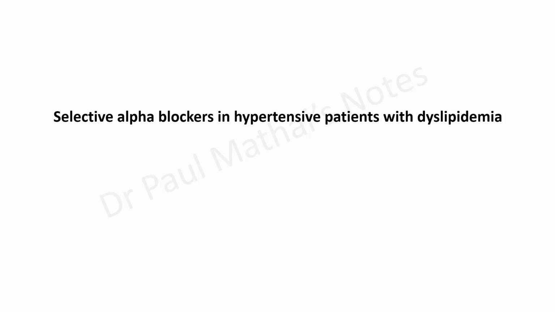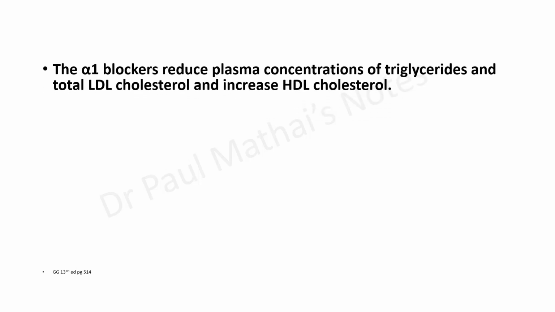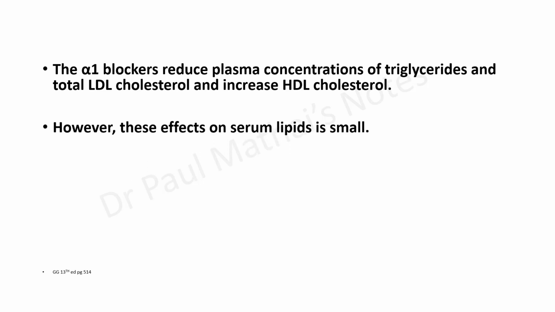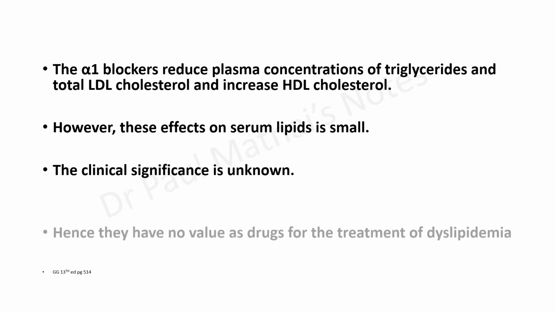Now, regarding the role of selective alpha blockers in hypertensive patients with dyslipidemia, alpha-1 blockers reduce the plasma concentrations of triglycerides and total LDL cholesterol. They also increase the HDL cholesterol. However, these effects on serum lipids are very small and the clinical significance is unknown.